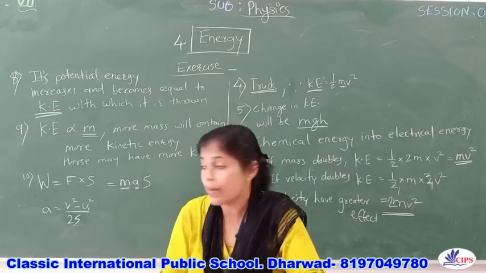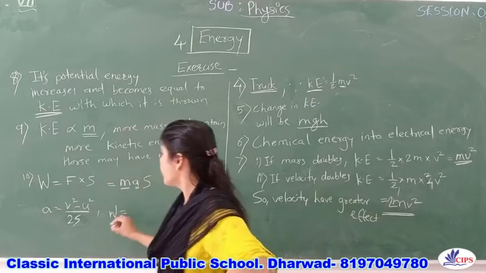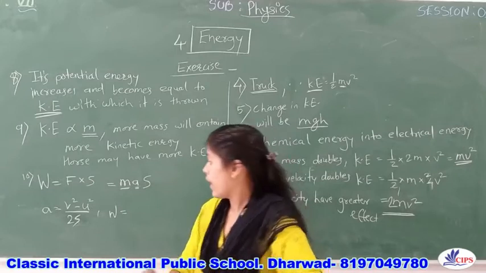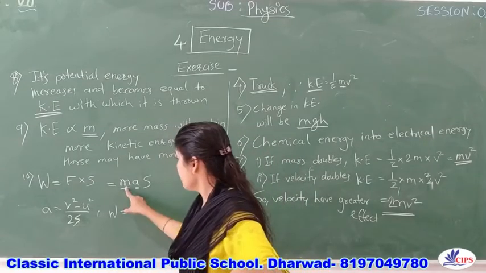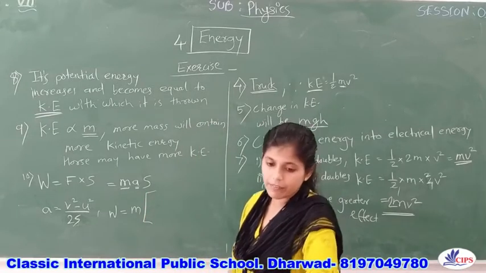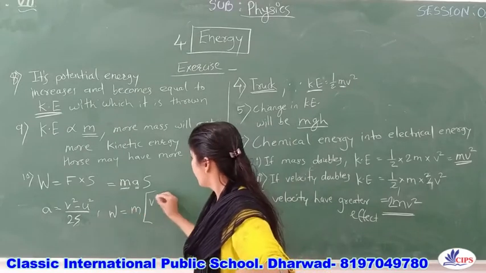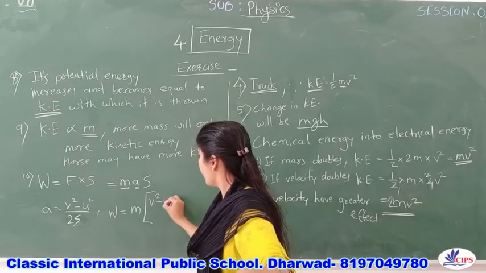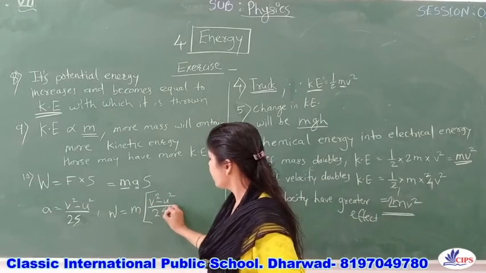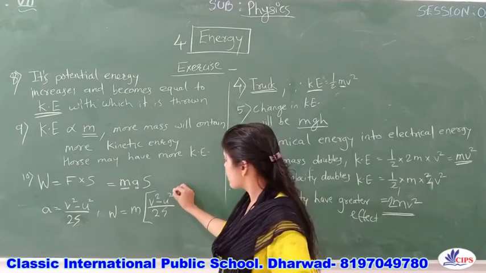In that case what will happen? Your w will become what? You just have to insert this value. It will become m, and remaining content will be in the bracket: v square minus u square, divided by 2s, only a replacement of this value over here, bracket complete, and s.